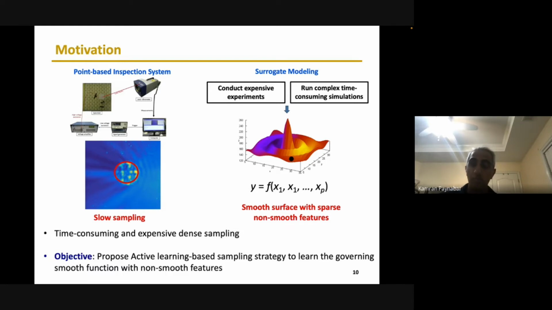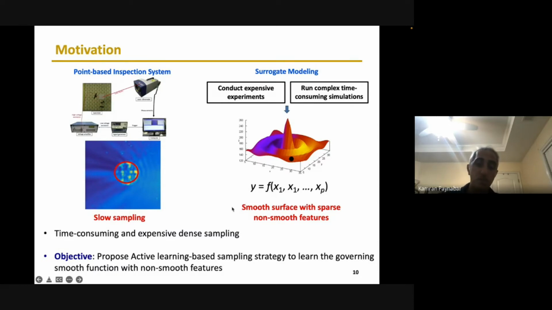One way to make sure that we detect all the defects, and their shapes are also important, not only detecting the defect but what is the shape of the defect in this specimen, is to do dense sampling. You can have very small, very fine grids and sample on each grid. But it creates a lot of problems, because it's slow and time-consuming, and sometimes very expensive.